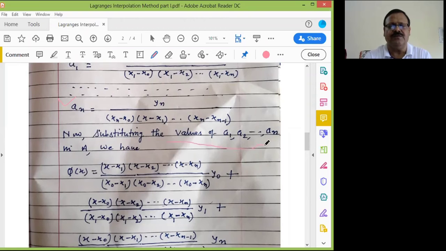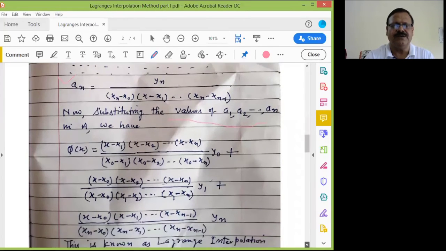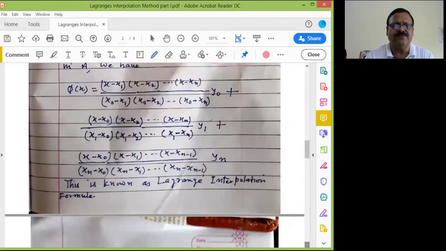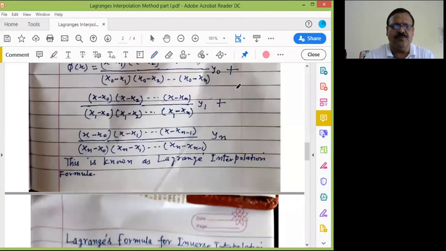Substituting the values of a naught, a1, a2, a3, so forth, so on, an in A, we have phi x equal to the sum of these terms, plus plus plus, with y1 and the last term.